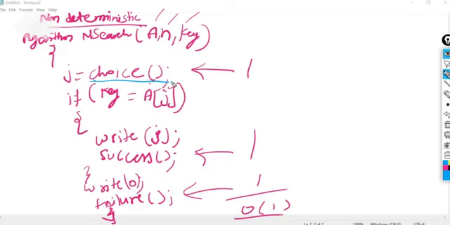There is a function that is providing the index j value. That j value is exactly giving you the key element, right? A of j provides the key element. If it is the key element for which you are searching, then your search is successful. Otherwise, failure is there, right? So what it means is, how this choice is finding the exact key element, that is the main question mark here. Right now we don't know about this particular functionality, how it is giving us the exact key value for comparison. It is taking constant time, but what is the exact solution for this choice functionality? We don't know.